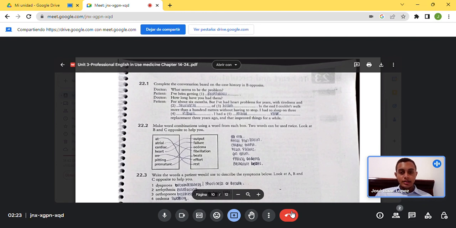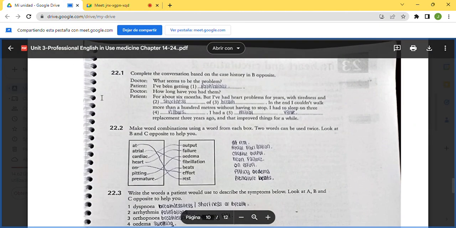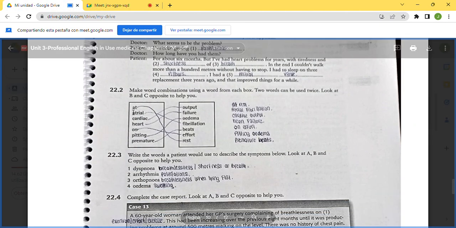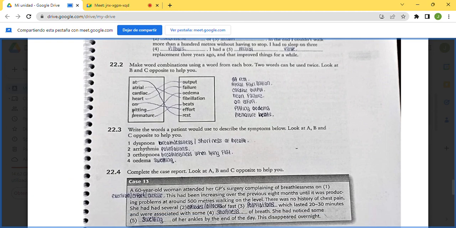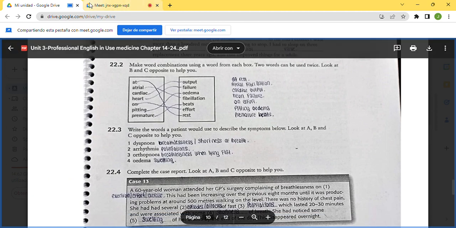Okay, next is exercise 22.2. It says, make word combinations using a word from each box.